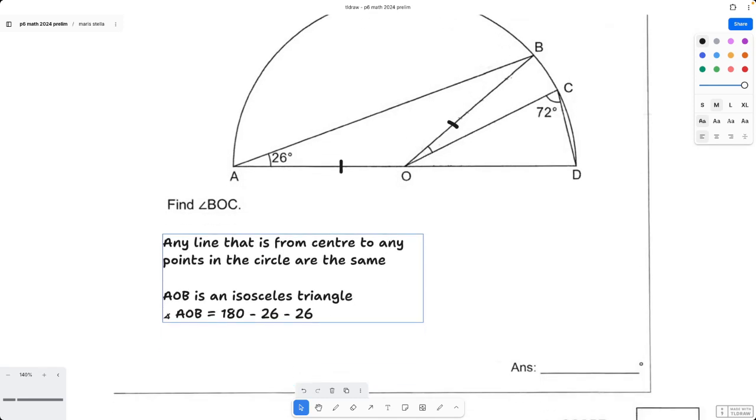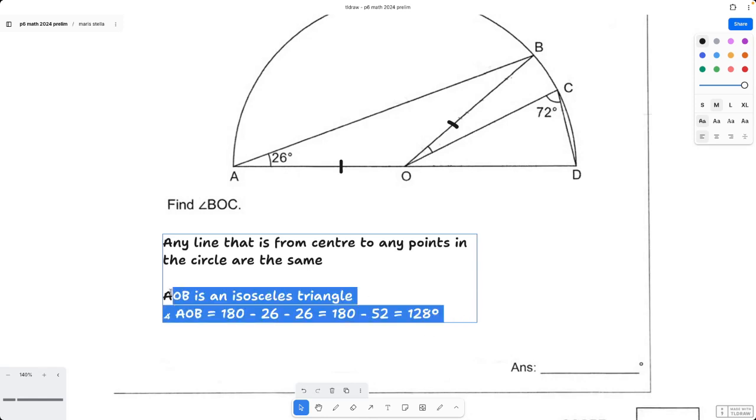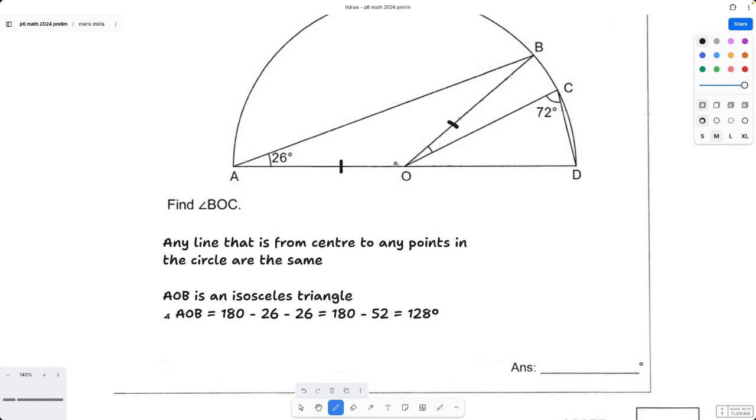And that's equal to 180 minus 52, which is 128 degrees, correct. Right, so AOB is an isosceles triangle, so this is 128 degrees.